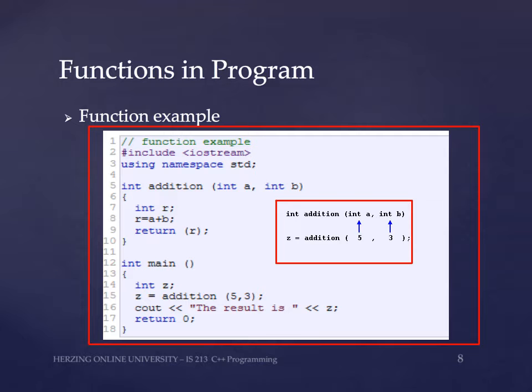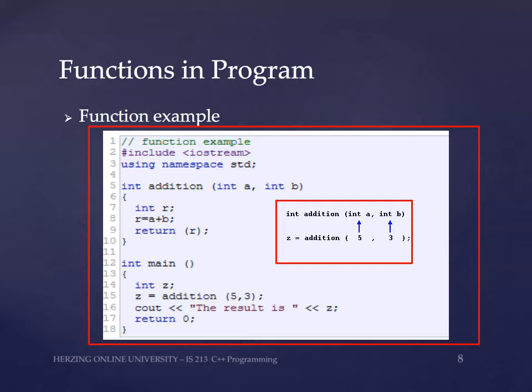Right after that, we see a call to a function called addition. Paying attention, we will be able to see the similarities between the structure of the call to the function and the declaration of the function itself. As you can see, int addition is a function that has two parameters, int a and int b, and the function call is z equals addition of the values 5 and 3.